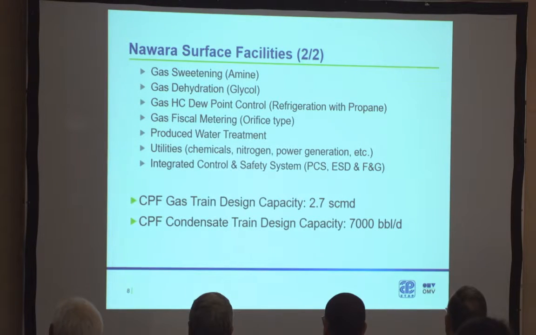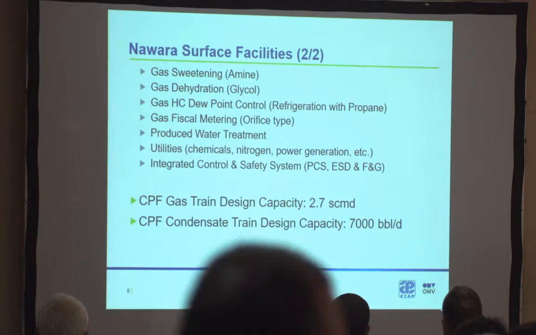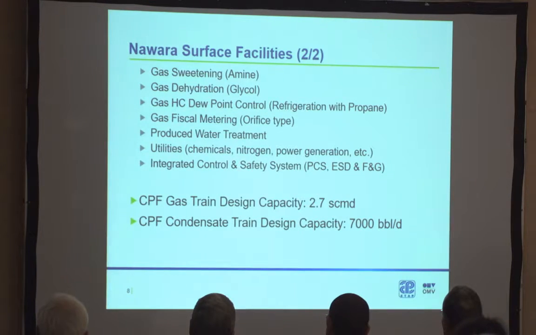We have as well all needed utilities, the chemicals, the nitrogen generation, the power generation, because as you know, we are in the middle of the desert, so we need the standalone power supply. So we have 2 gas turbines for the power generation of a total capacity of around 6 megawatt.